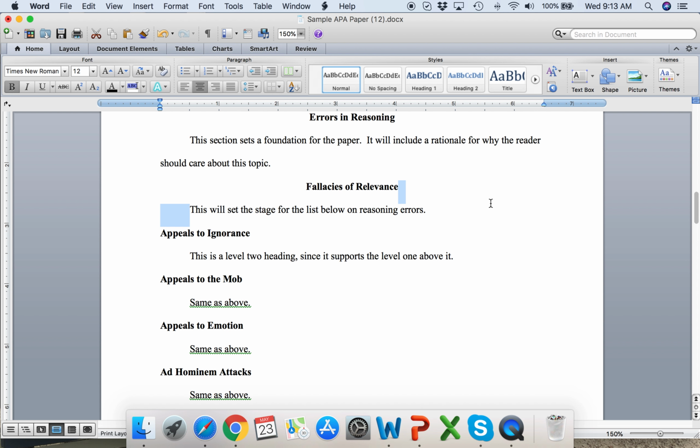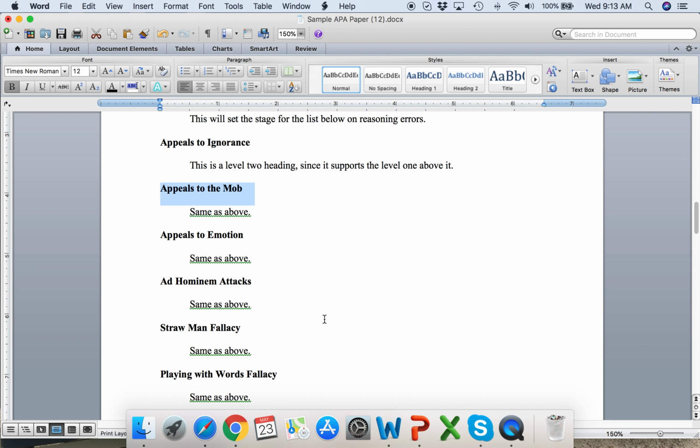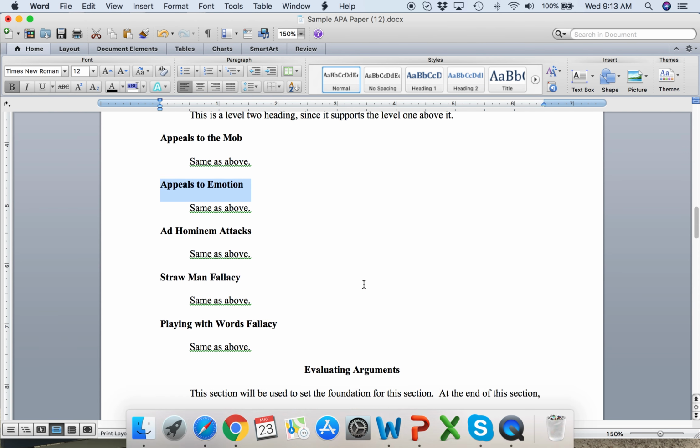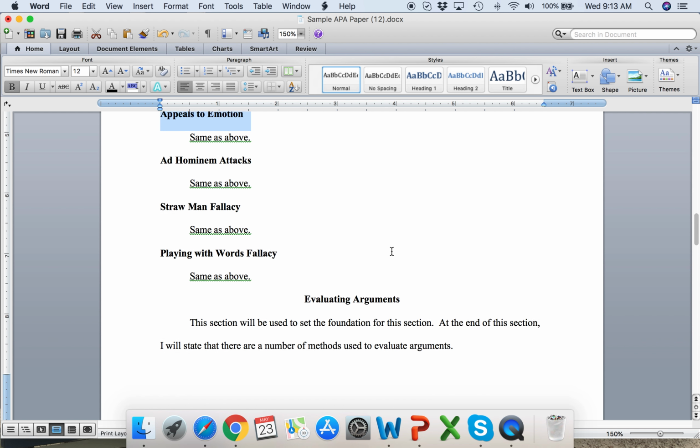Between the headings, I always have some sort of stage setting. You'll set the foundation for the list of items that you're going to be using in your subheadings below. Facione and Gittins list several different fallacies of relevance. One of them happens to be appeals to ignorance, appeals to the mob, appeals to emotion, and all of those become subheadings for your main heading here of fallacies of relevance.